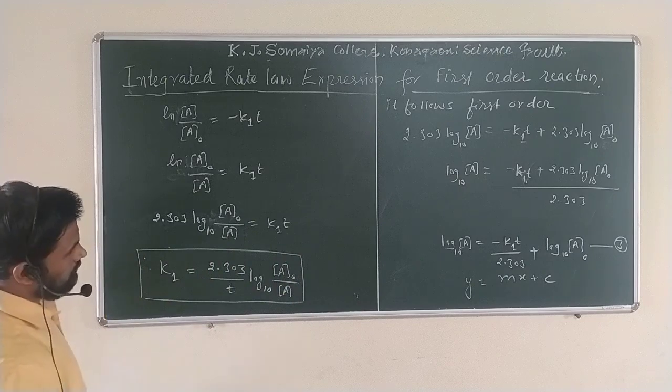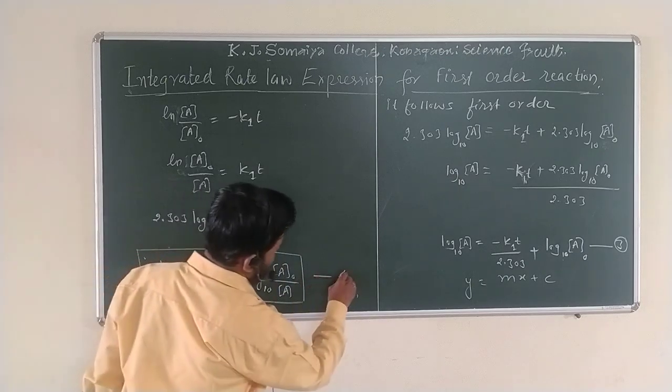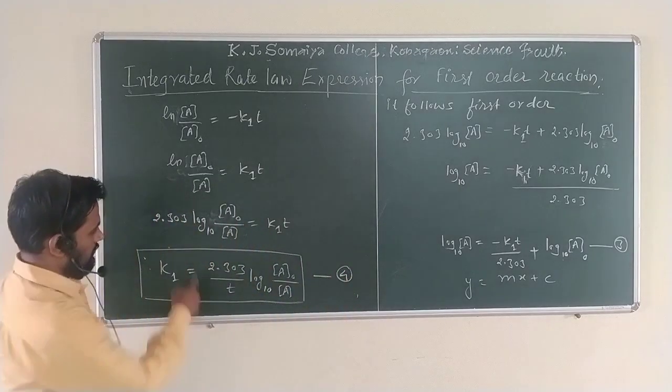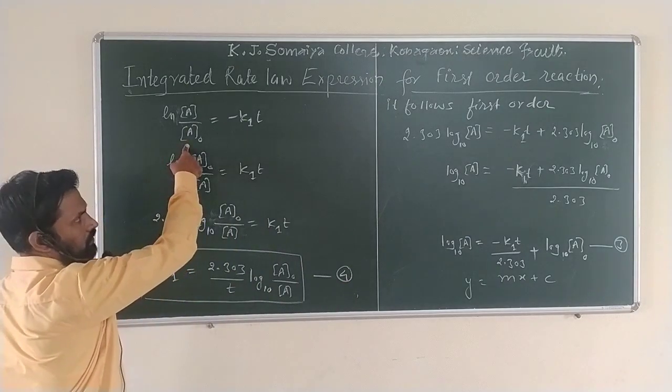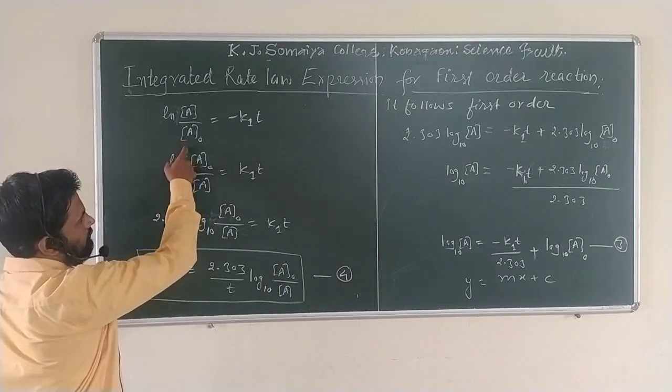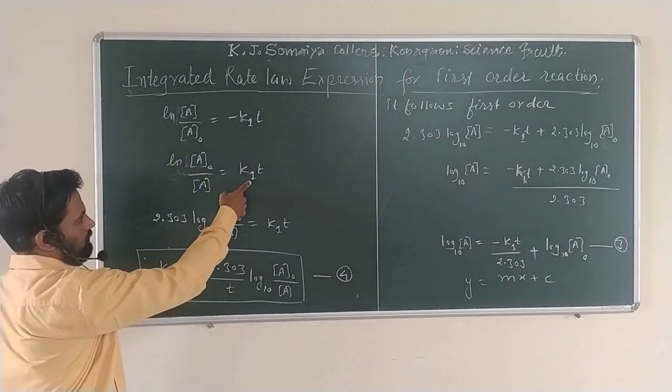Now how did we determine this? Taking this as equation number 4, from the integrated rate law equation we can determine K1.